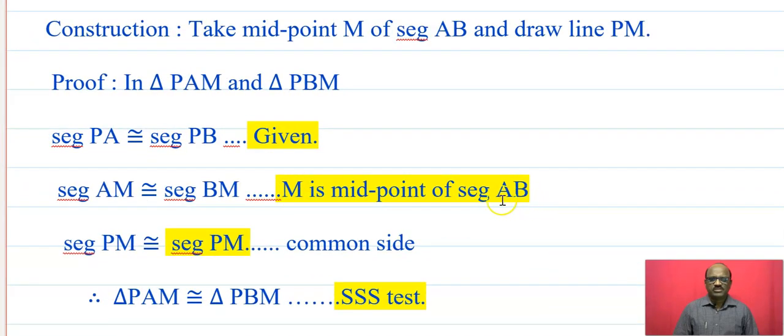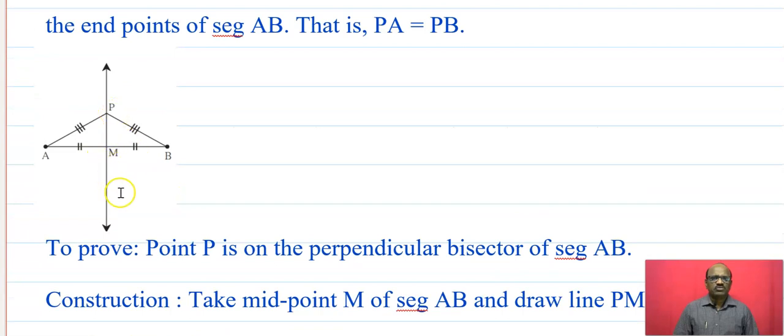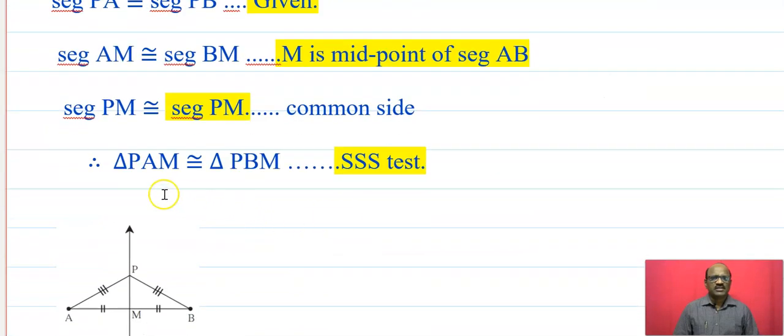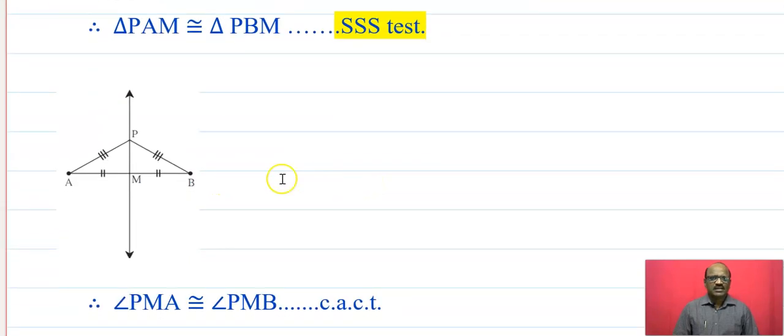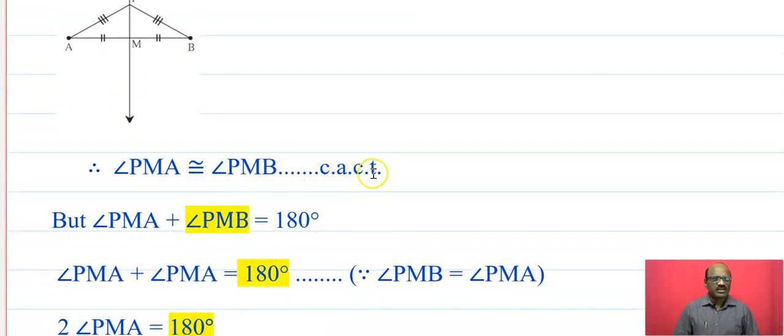M is the midpoint of segment AB, and PM is congruent to PM, which is the common side. Therefore, triangle PAM is congruent to triangle PBM by the SSS test. Now see here, angle PMA is congruent to angle PMB, as corresponding angles of congruent triangles.